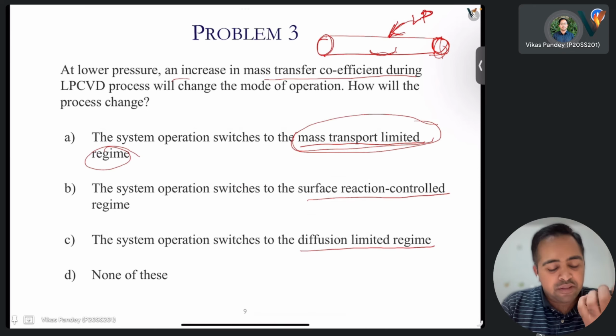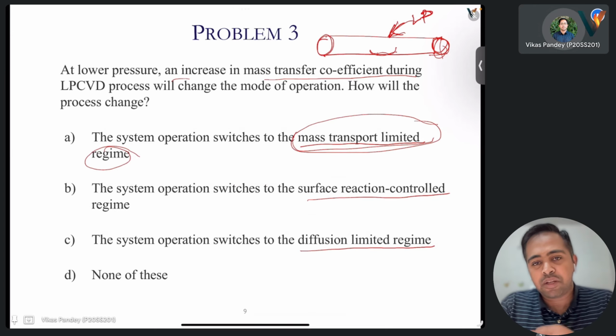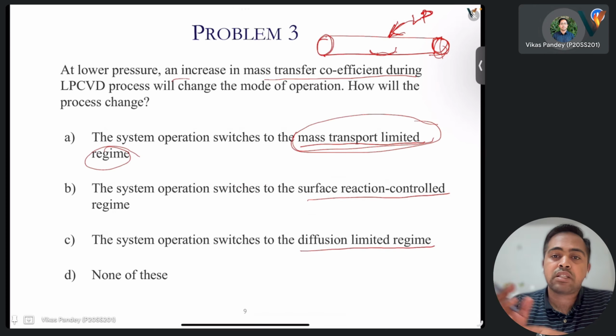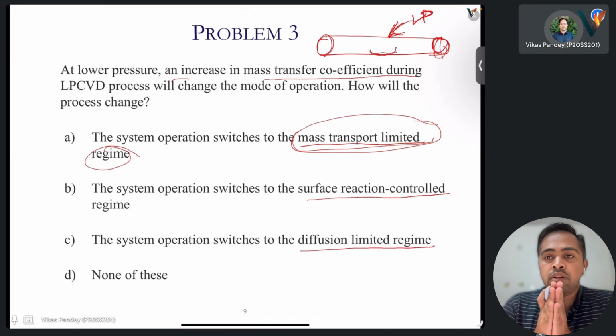In a set of chemical reactions also, the slowest reaction is the rate determining reaction. Okay, so here if there is a limitation of the amount, like how much mass is reaching to the reaction point or reaction junction, that is limited.